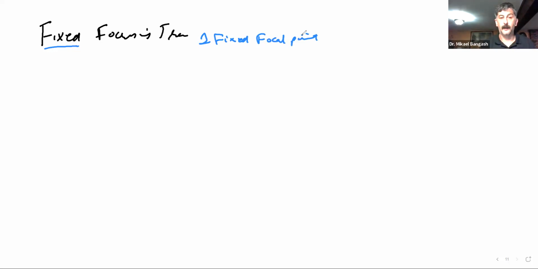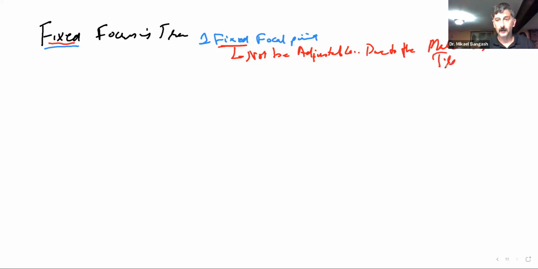And when we say that something is fixed, what does that mean? That would mean that it would not be adjustable. And something not being adjustable is due to the makeup or manufacturing of the transducer.